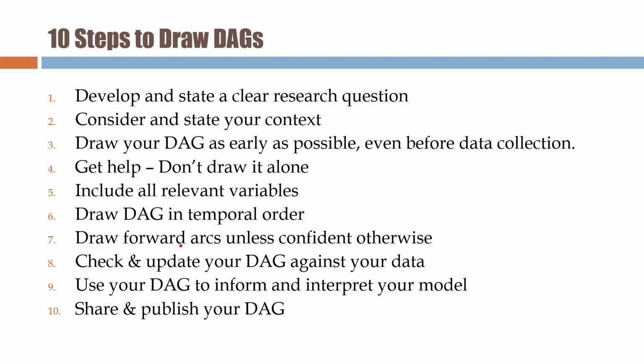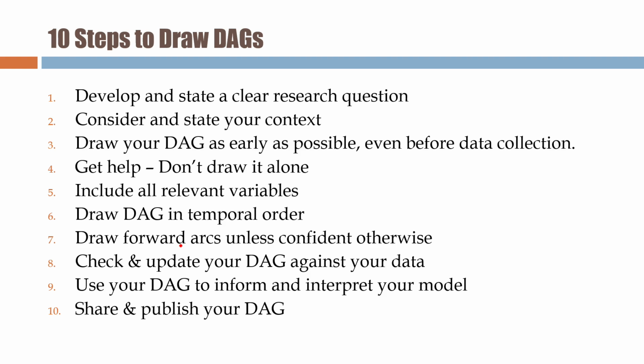Draw the DAG in temporal order. Temporal order means the time order, which one happened first. This one happened first, and then the other things happen later, and then you can draw the nodes in the temporal order. After that, draw the forward arcs, because the thing that happened later cannot affect the thing that happened before.